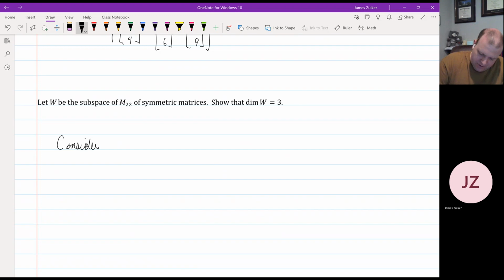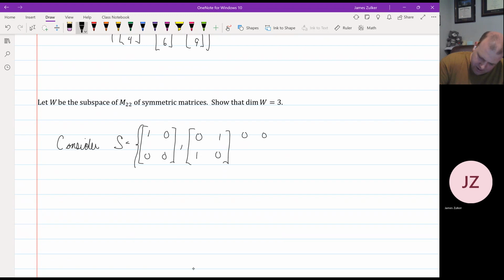Right, so let's consider the set S: 1, 0, 0, 0. That's symmetric. 0, 1, 1, 0. That's symmetric. Right, and then 0, 0, 0, 1. That's symmetric.